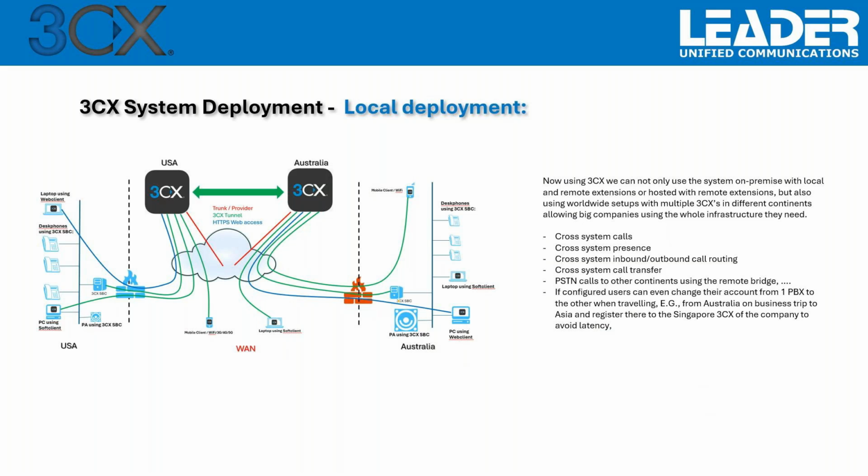Cross-system calls, cross-system presence, cross-system inbound, outbound call routing, cross-system call transfers, PSTN calls to other continents using the remote bridge. If configured, users can even change their account from one PBX to the other one when traveling, e.g. from Australia on business trip to Asia and register there on to the Singapore 3CX for the company to avoid latency. Yeah. So we can really go big.